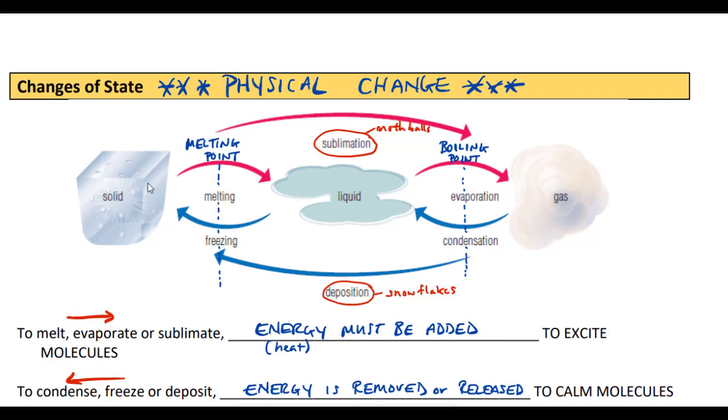So what if I gave you solid water and I told you it's at 0 degrees C? It doesn't necessarily have to melt until you sort of kick it over the edge. So if it's sitting right at 0 degrees, it can stay solid. If you already have a liquid water and you're sitting right at 0 degrees, it can stay liquid. What you have to do in order to push it one way or the other is just to change an ever so tiny amount of the energy.